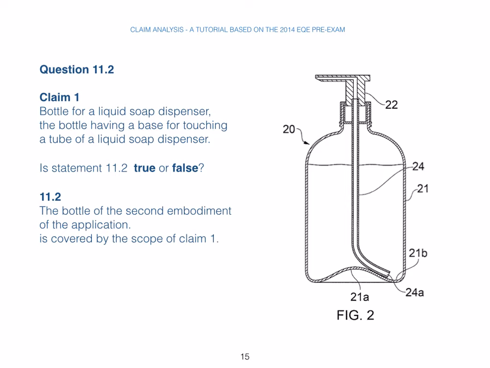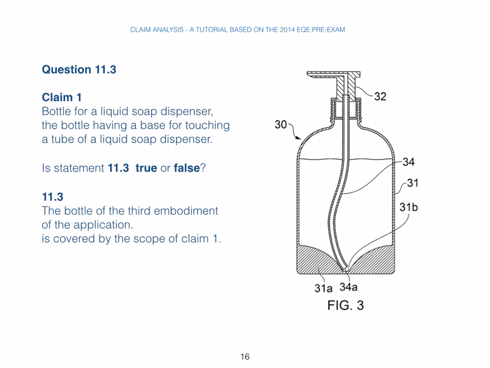11.2, this is the second embodiment of Figure 2, which is now shown on the slide. We have to make the same analysis. Here the tube does also contact the bottom of the bottle, so make up your mind whether this embodiment is covered by the scope of Claim 1, true or false, and we'll go to the next question.